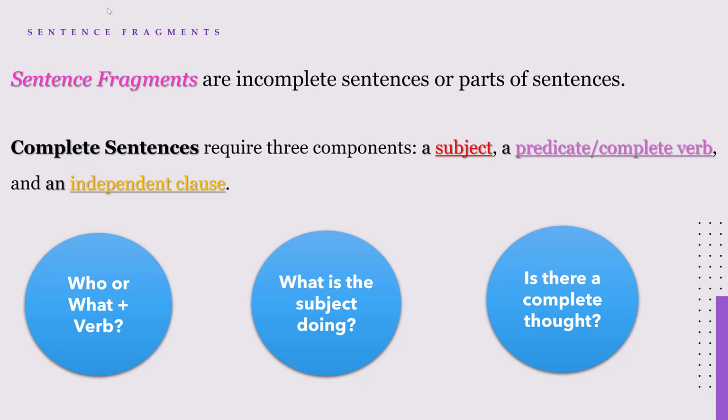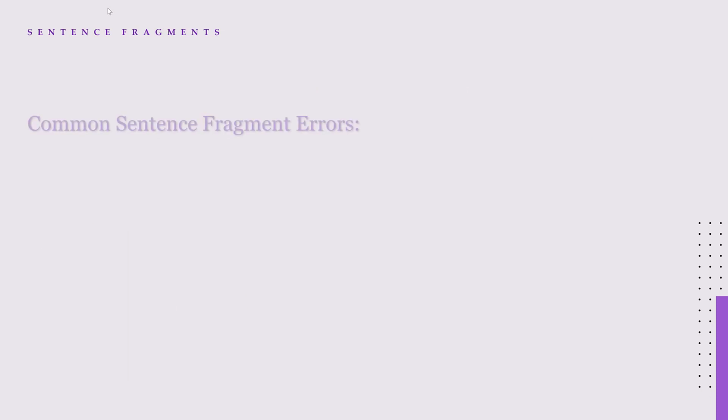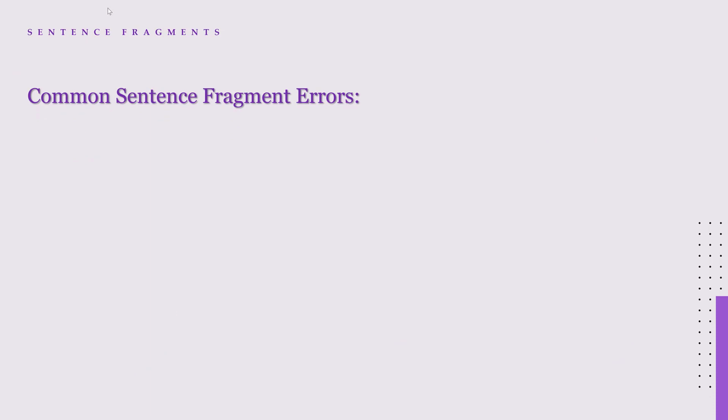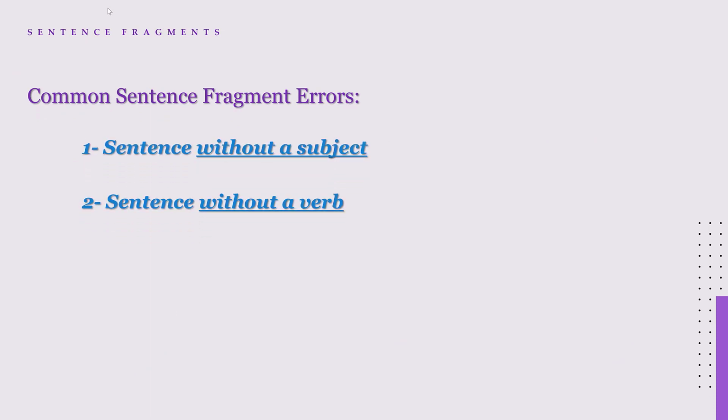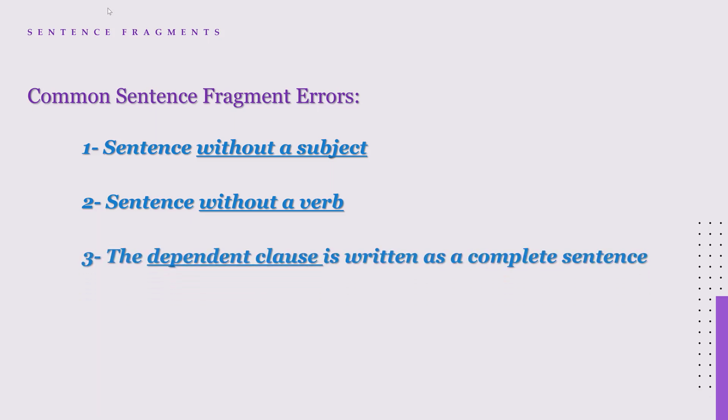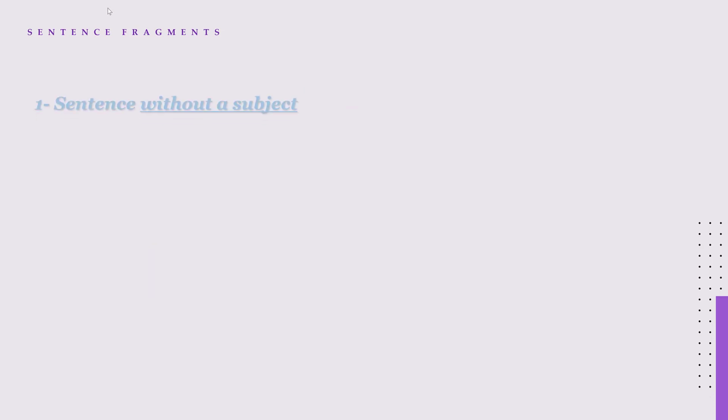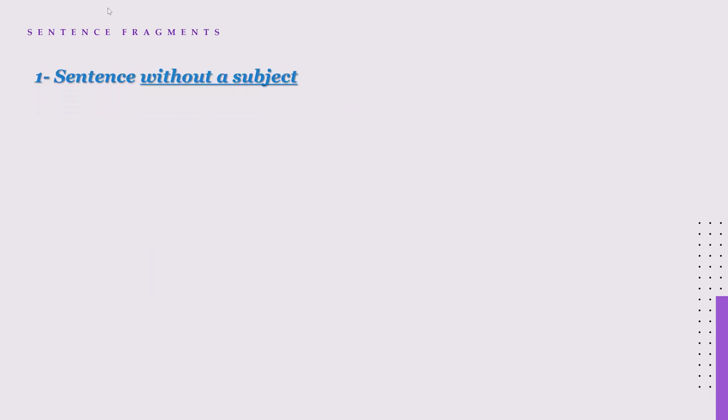So according to these explanations, three common sentence fragment errors are sentence without a subject, sentence without a verb, and also if the dependent clause is written as a complete sentence. Well, let's go one by one. Sentence without a subject.